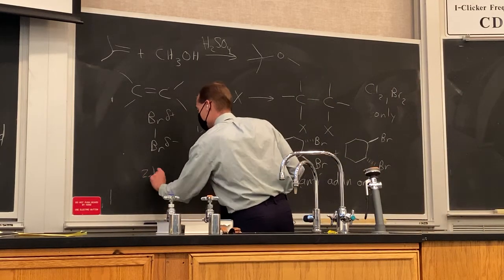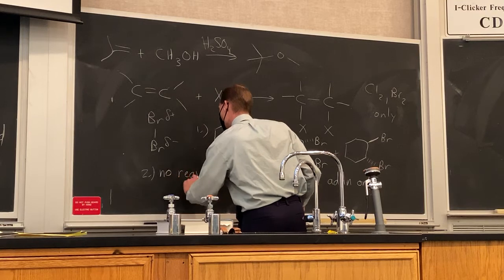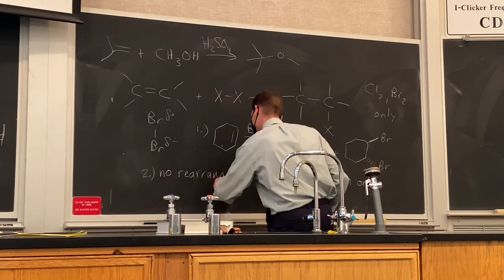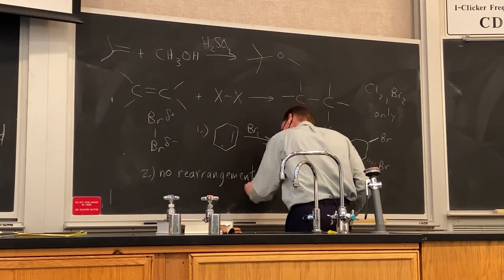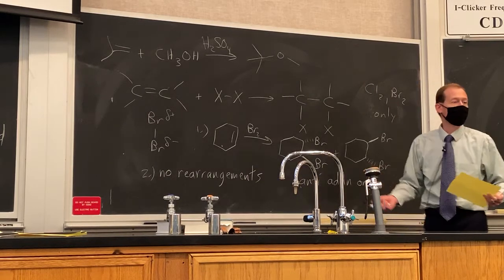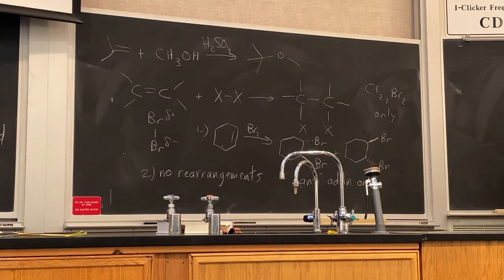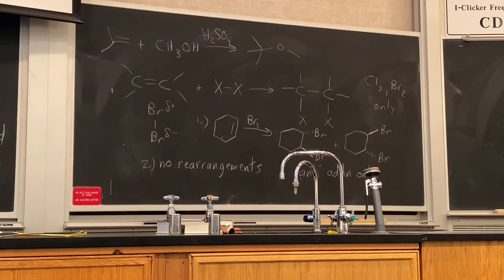The second point is that there are no rearrangements. If there are no rearrangements and we get anti-addition, what intermediate can we conclude is not forming? There's no carbocation. If we had a carbocation, we'd see syn and anti-addition. We would see rearrangements. So we have to draw a mechanism for this reaction that does not involve a carbocation.